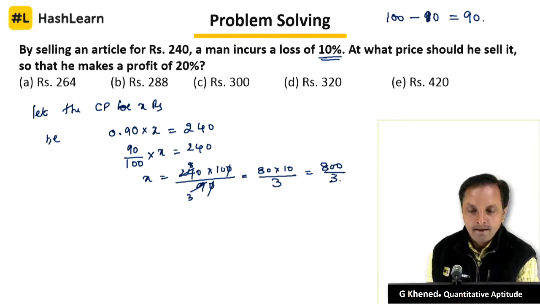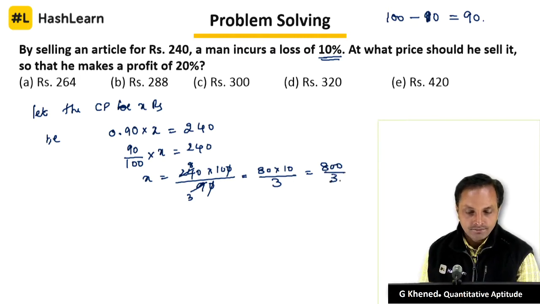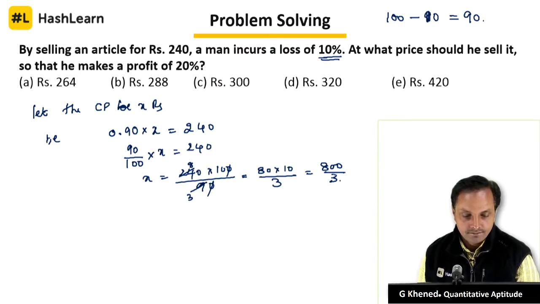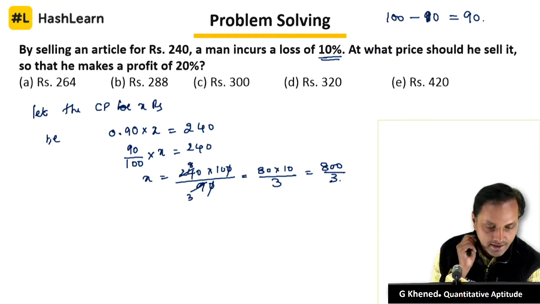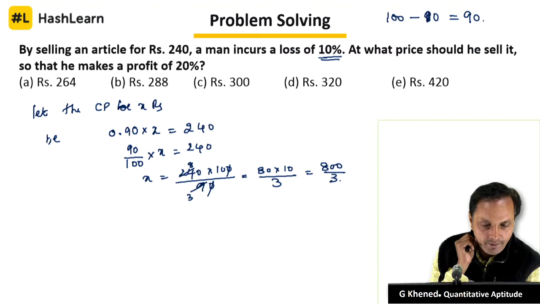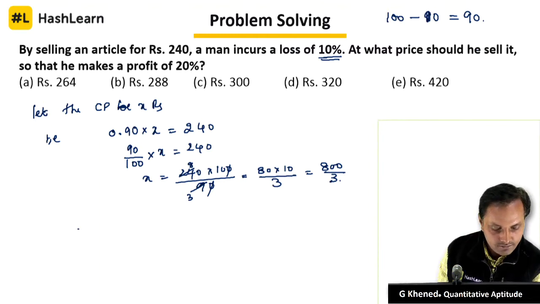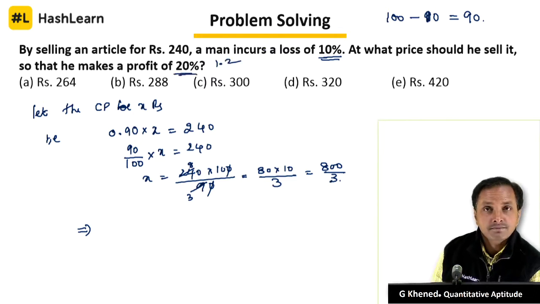So 800 into 800 by 3. Now, at what price should he sell it so that he makes a 20% profit? 20% will be equal to 1.2.